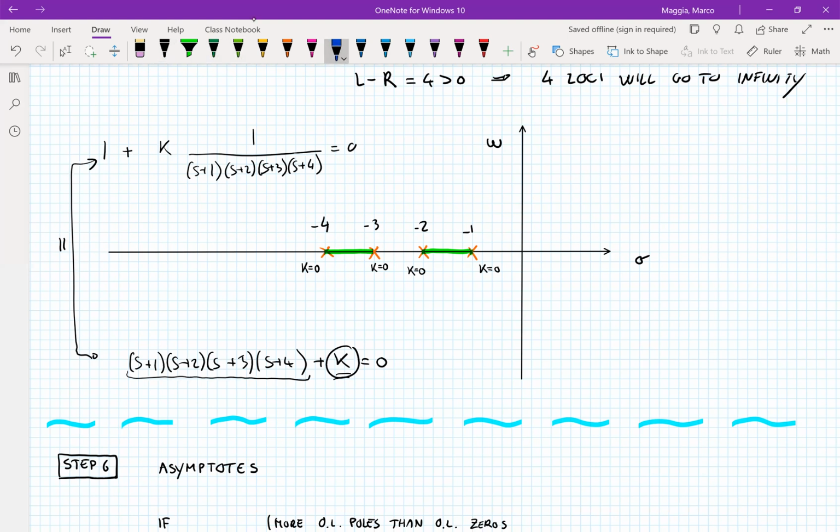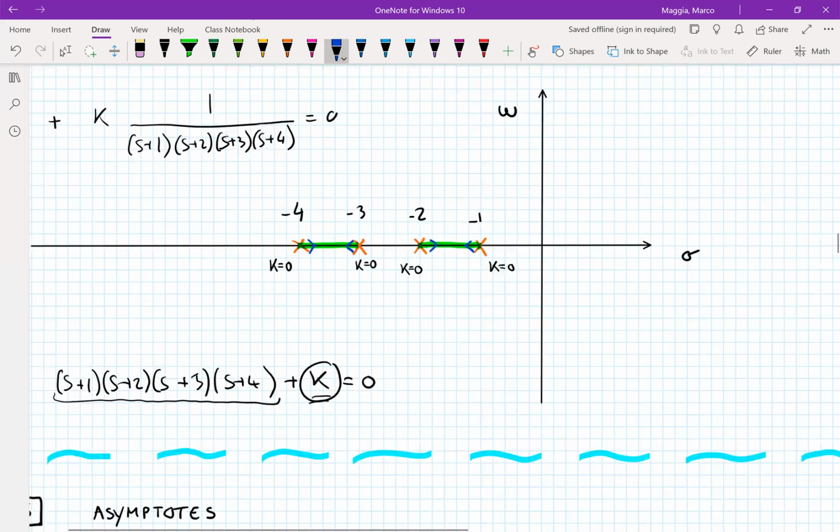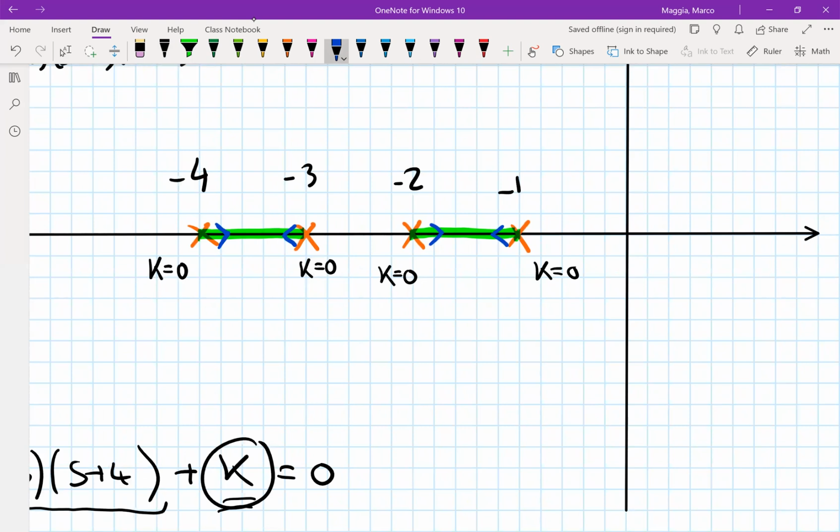So we are going to move away from the poles, and we have to follow these directions that I pointed, these arrows, because we cannot really go on the other side. Now, we don't know really how to do it, but if you think about it, these two branches will collide, because there's one branch starting from -4 and one from -3, and most likely they collide in the middle.